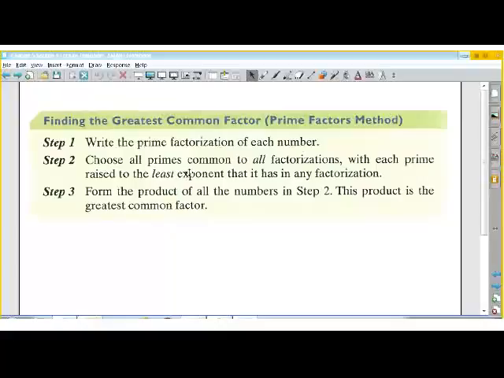If you had something squared or something in the first power, you'd choose the first power. If you had something cubed or something squared, you'd choose squared because that would be the least. And then you multiply those numbers together, and that gives you the greatest common factor.